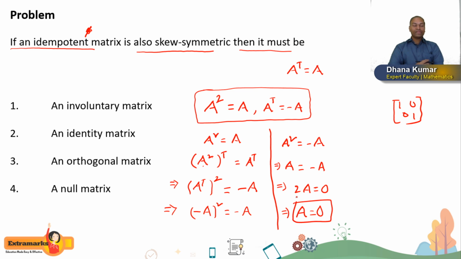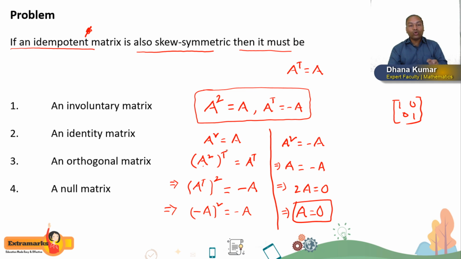Understood the procedure? Here two conditions are given: idempotent matrix and skew symmetric matrix. First I am taking the first equation. The second condition has A transpose, that is why I apply transpose on both sides.